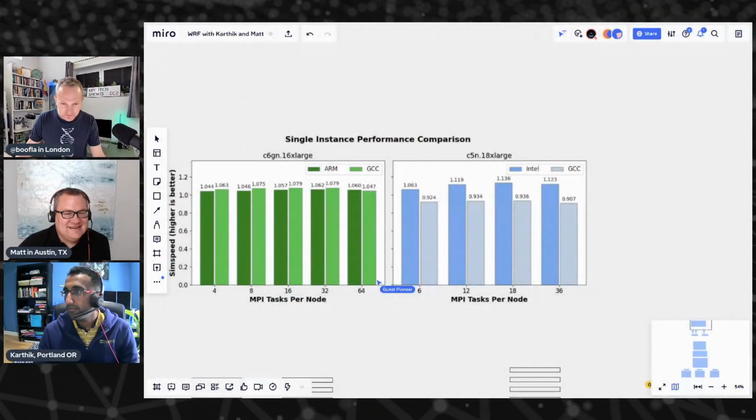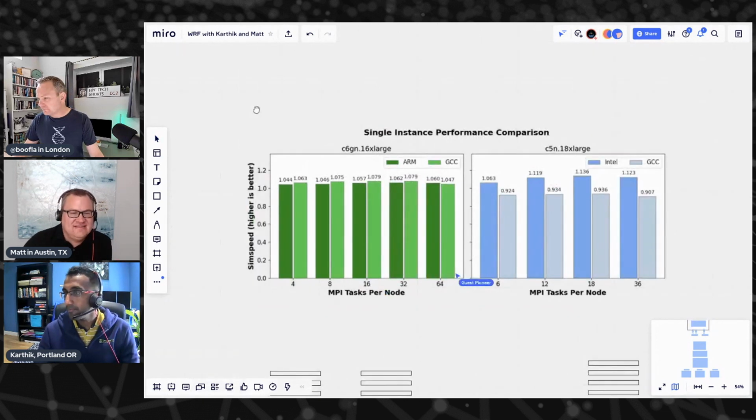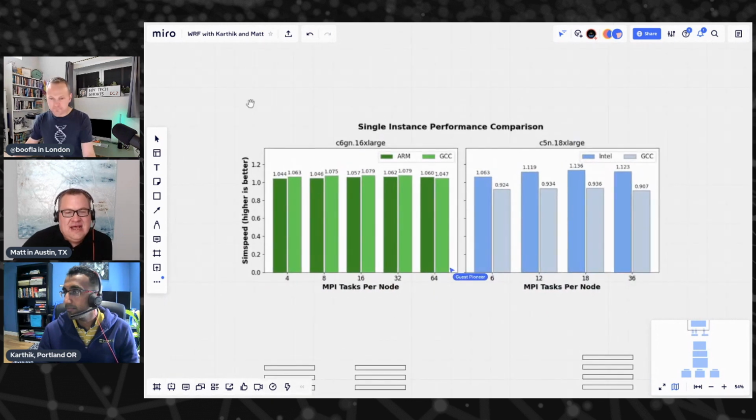I know you've got some data on that. Take it away. So here's the first-level view of the single instance level. We took one of our Graviton2 instances, the C6gn.16xlarge.